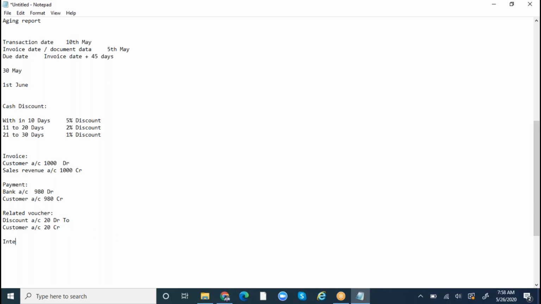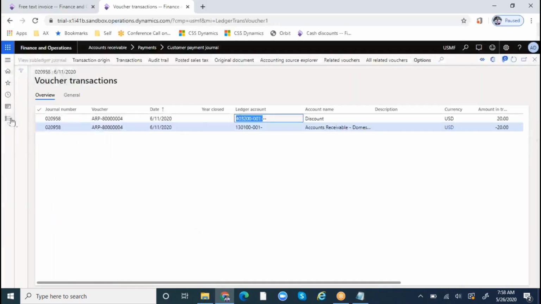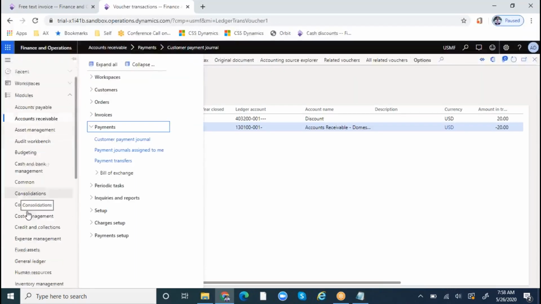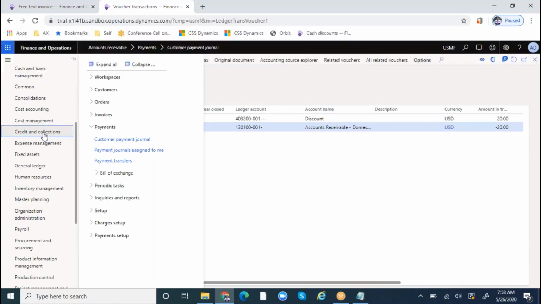For that, interest calculation is one more functionality available in Dynamics AX. That is another function you will understand later, but not now.